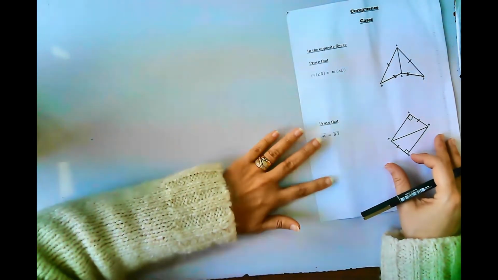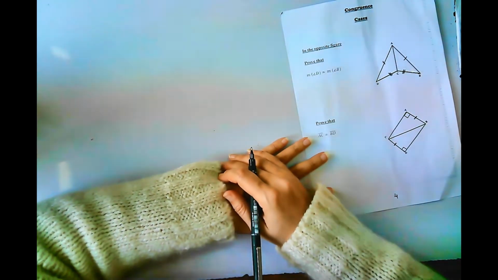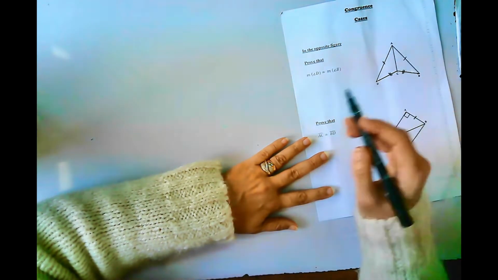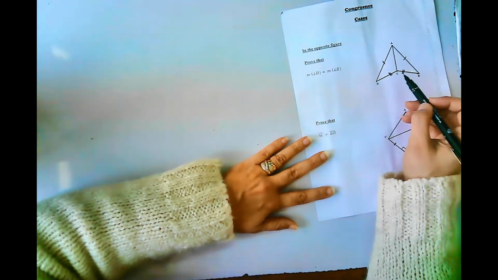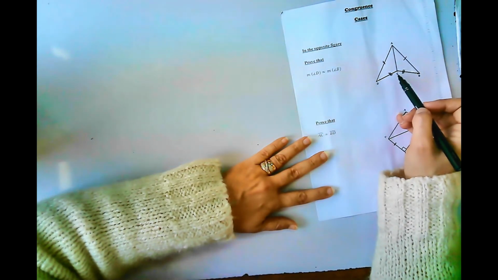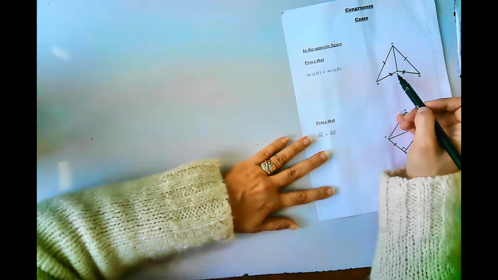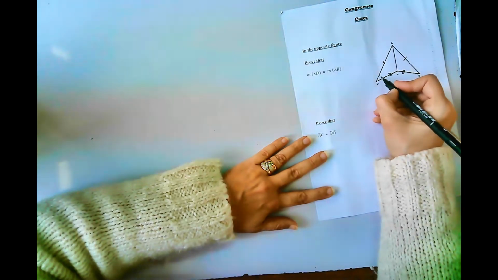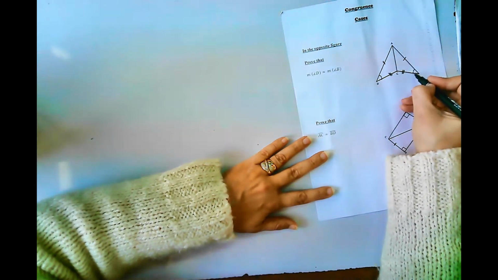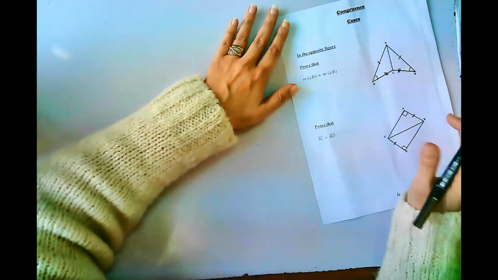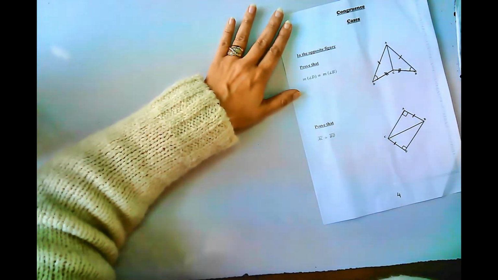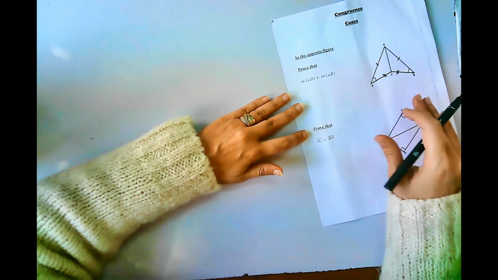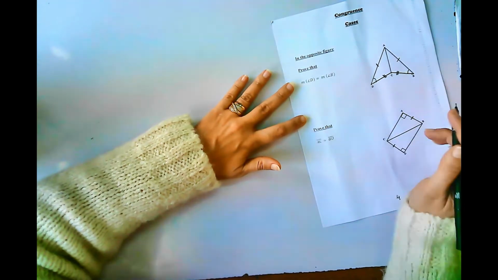Congruency. Again, if we have AB equals AD and DC equals BC and AC is a common side. In the opposite figure, prove that the measure of angle D equals the measure of angle B. When we have two triangles congruent, then every element in one equals the corresponding element in the other.